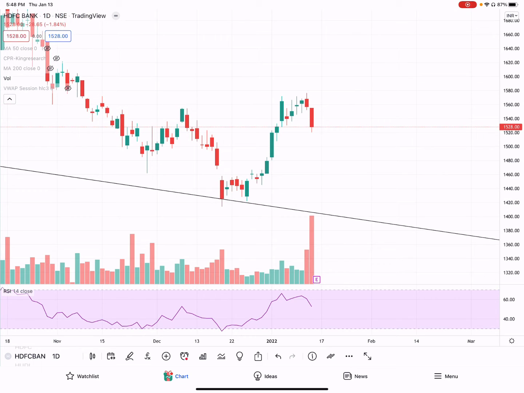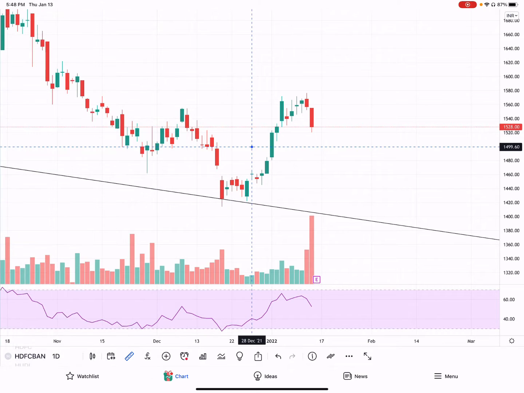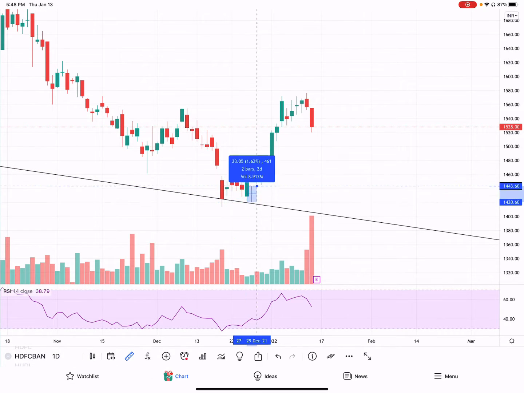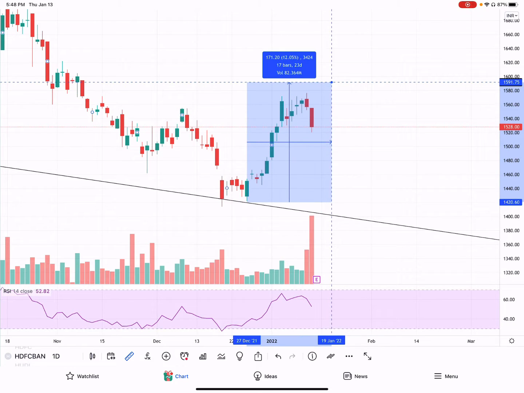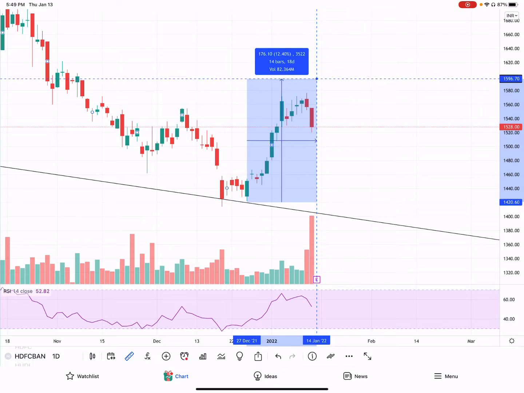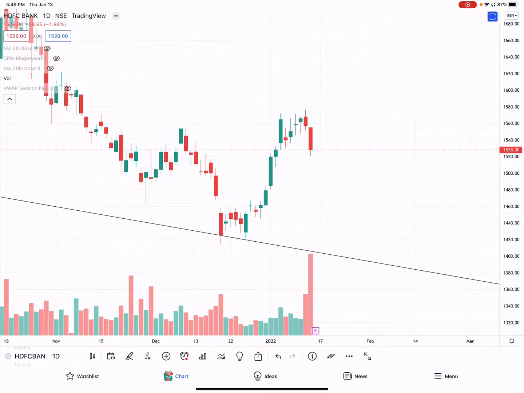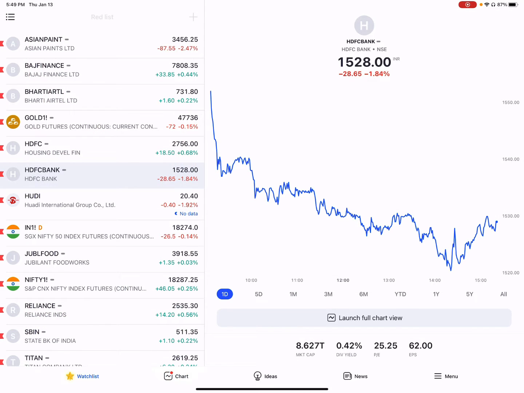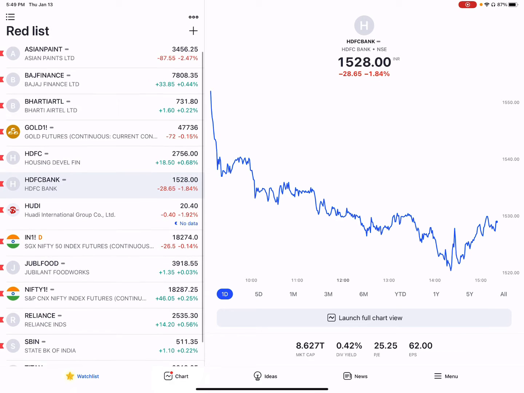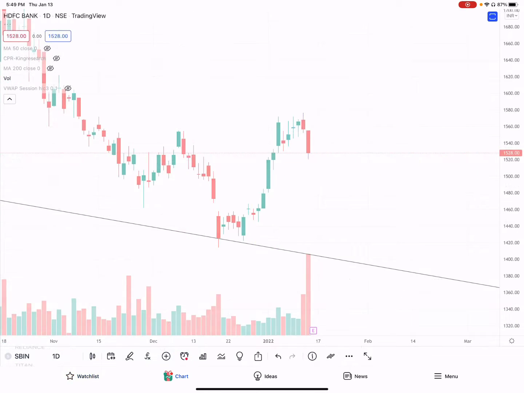You can see there's a continuous rally in HDFC Bank. There was a red candle yesterday, and that's the reason there was a red candle in Bank Nifty too. And a few others among the major stocks in Bank Nifty, SBIN.